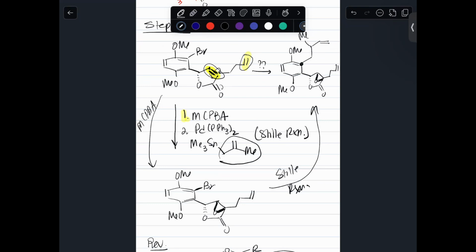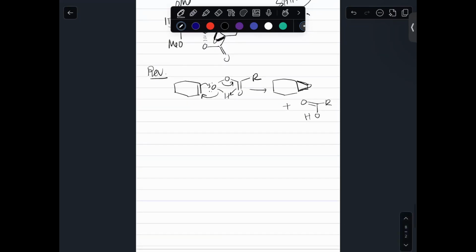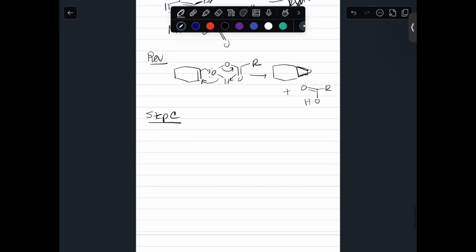And then finally, step C, to remind you again what step C looks like, because I know I didn't really write it all out.